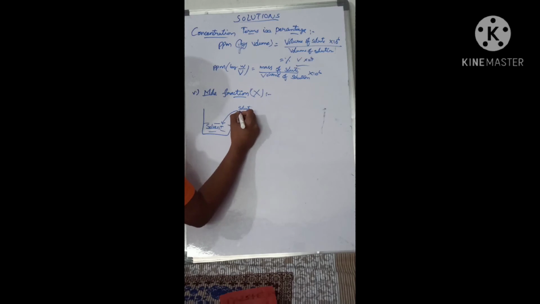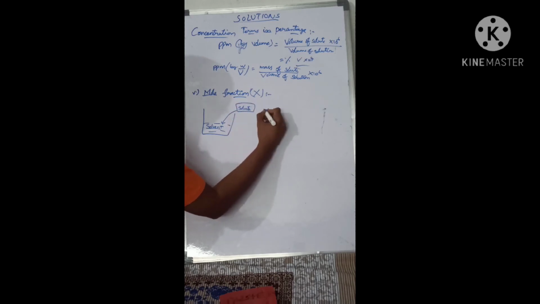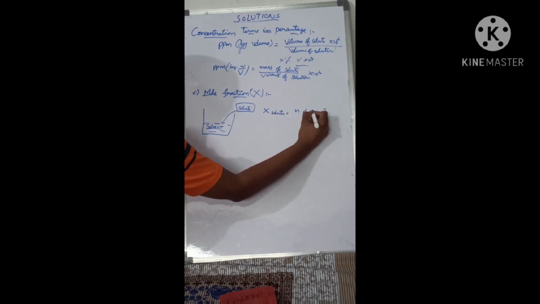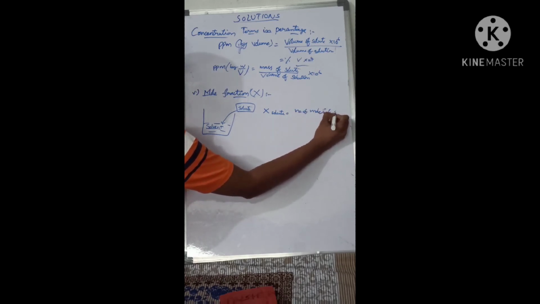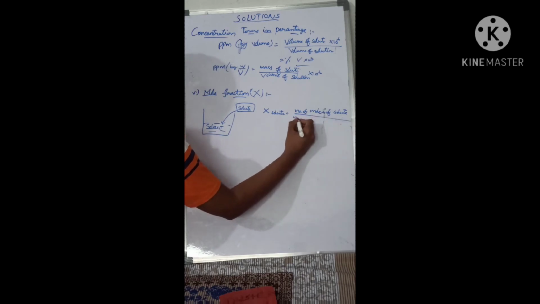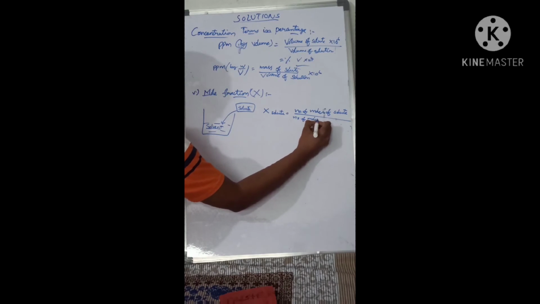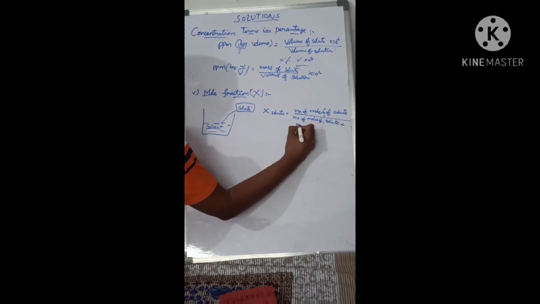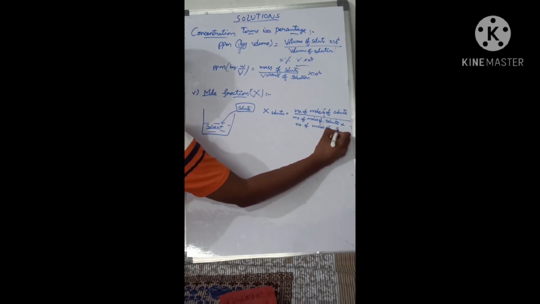Now if it asks the mole fraction of solute, then we write: number of moles of solute divided by number of moles of solute plus number of moles of solvent.